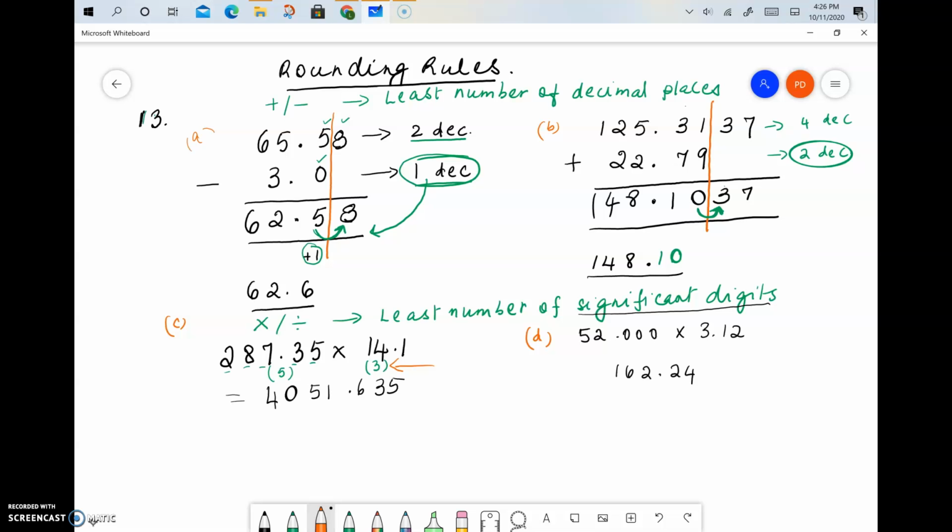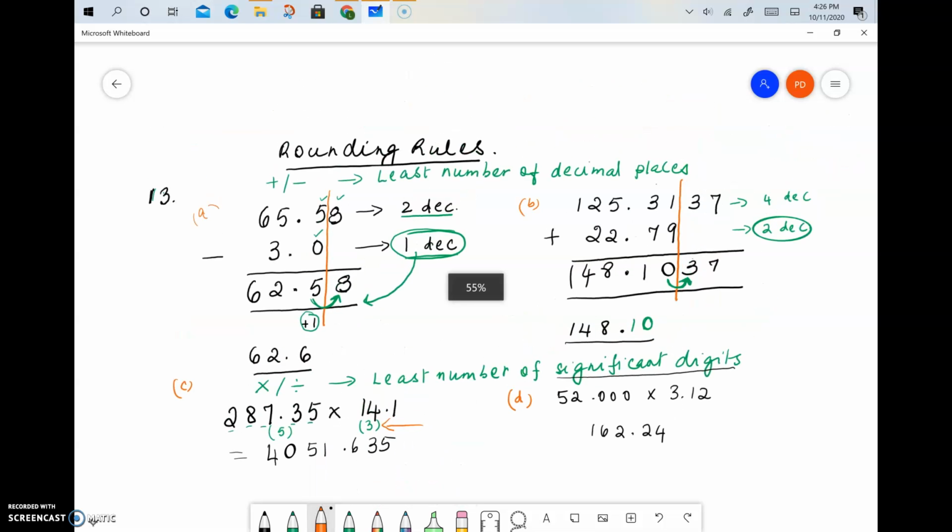So we'll round it to the tens place, and that'll give us the least number of significant digits, which is 405. We round it down because that's a 1, so it's 405, and that has 3 significant figures or significant digits.